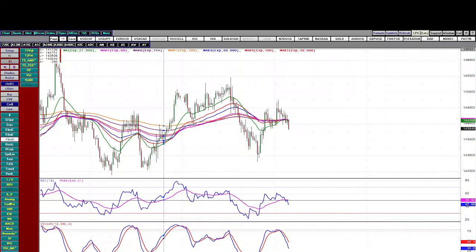Just for those of you who are coming for the first time, we are holding a buy on dollar yen at 144, and the stop is at 143.30.